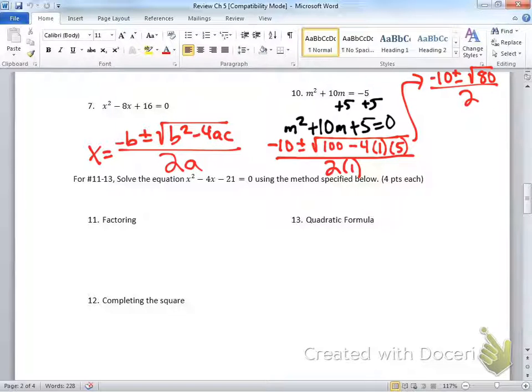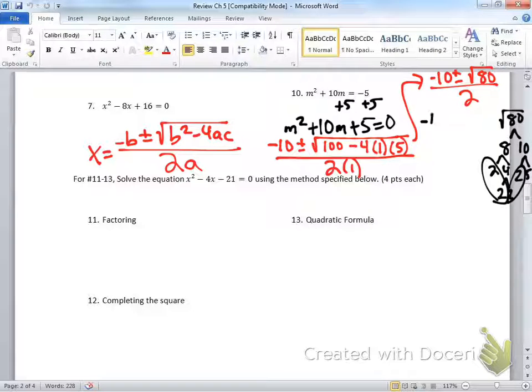Now square root 80, I'm going to write off to the side somewhere, because you can do 8 and 10, 2, 5, 2, 4. So we do 4 root 5.